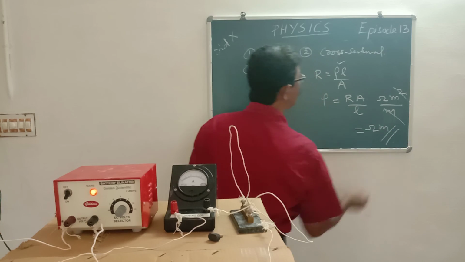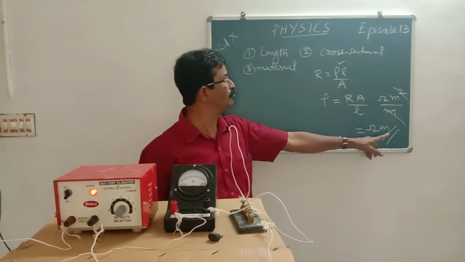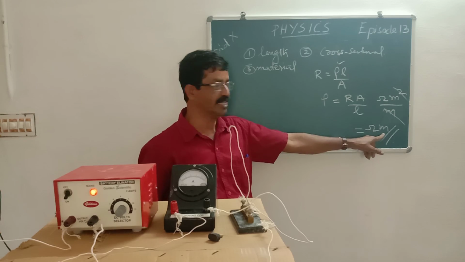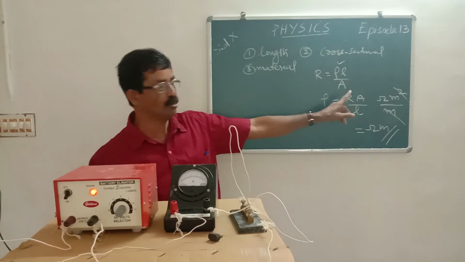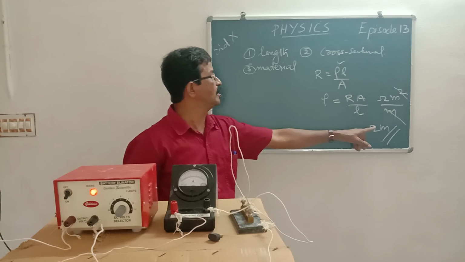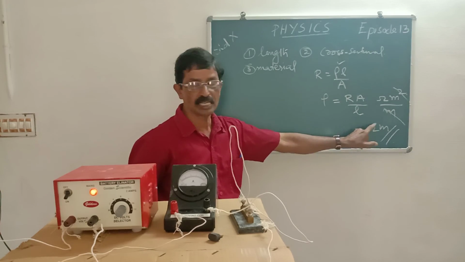This is the unit, and it is a speciality of a metallic conductor, and it may not be the same for others. That means for each material this one is different.